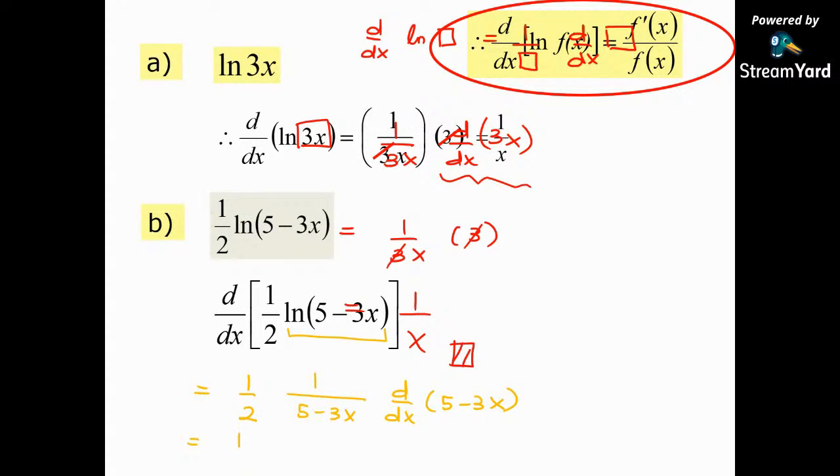So we have 1 over 2, times 1 over 5 minus 3x, times negative 3. What we have is negative 3 over 2 times 5 minus 3x. That is basically the answer: negative 3 over 2(5 minus 3x).